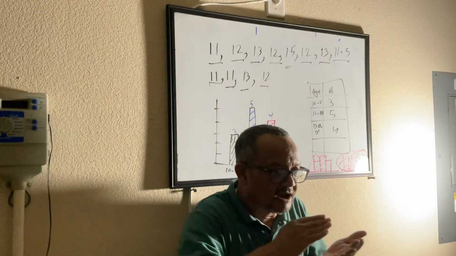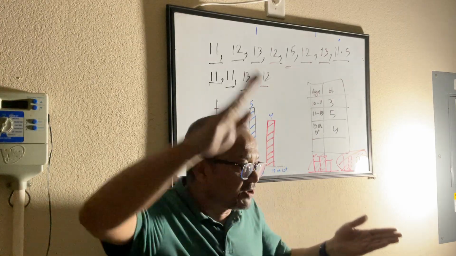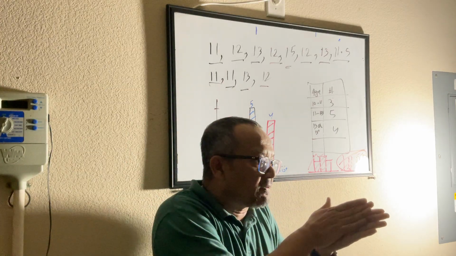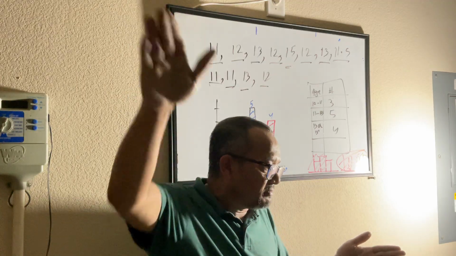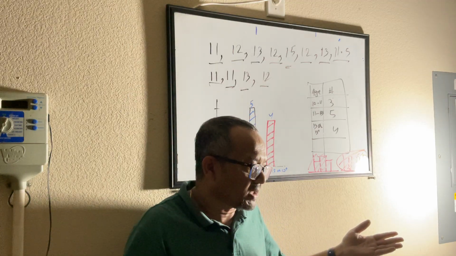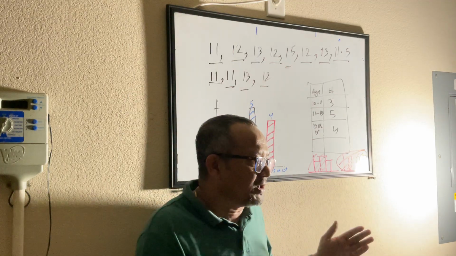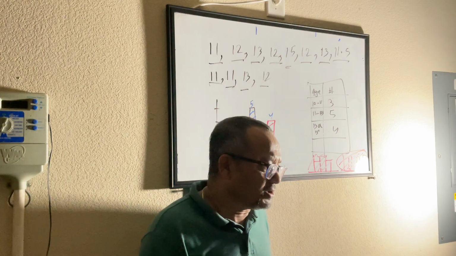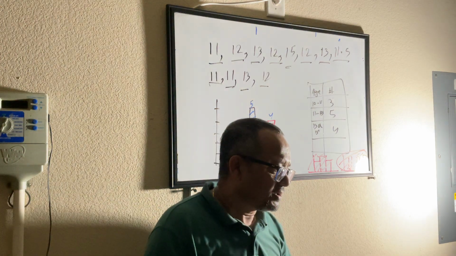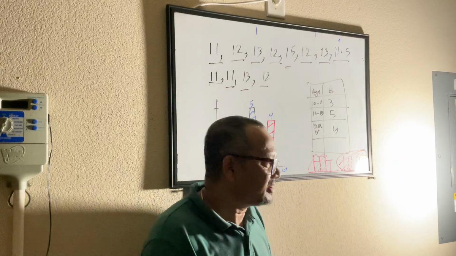Be it how all of us are growing with age, how our height is changing with time. That also is part of statistics. All of you, when you were 2 years old, were this tiny, and now everybody is growing with age.